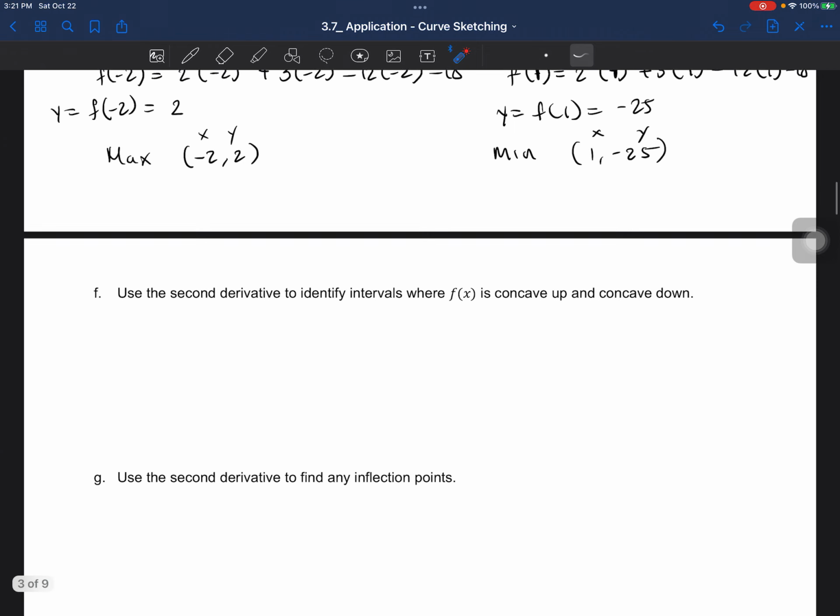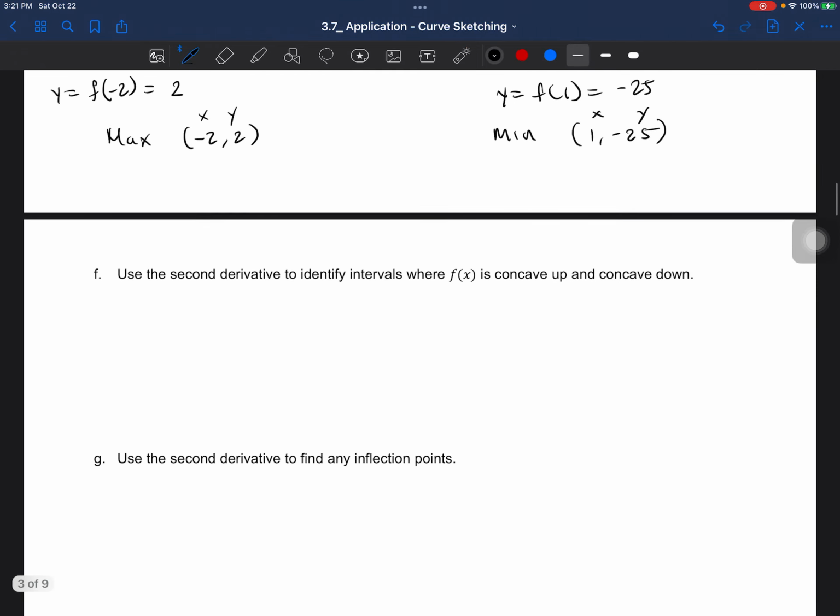All right, so the next part is asking us to find the second derivative and use it to identify the intervals where the function is concave up or concave down. So let's go ahead. We already know this. The second derivative is going to be 12x plus 6.